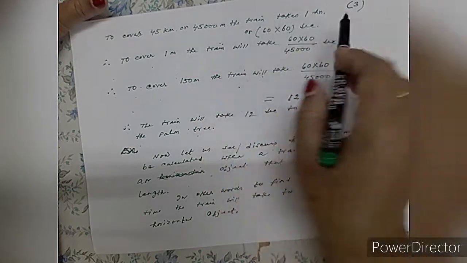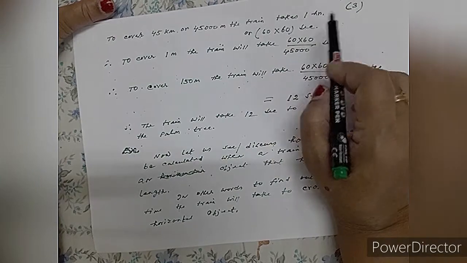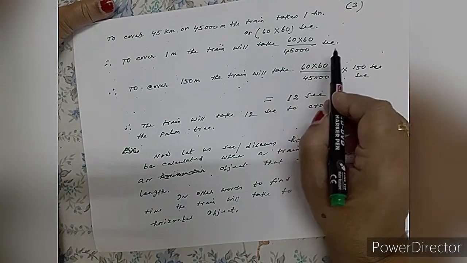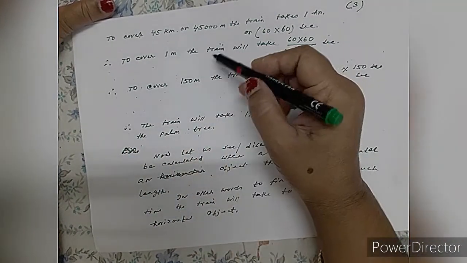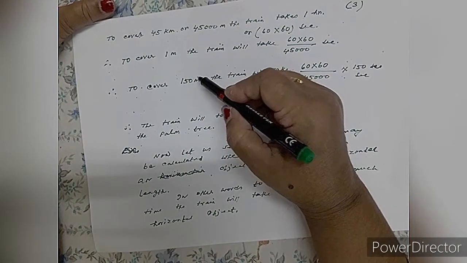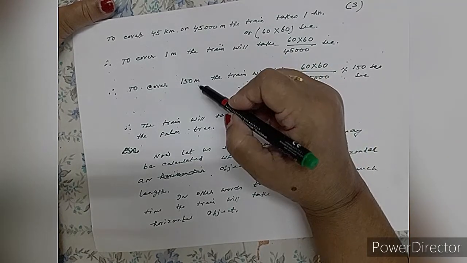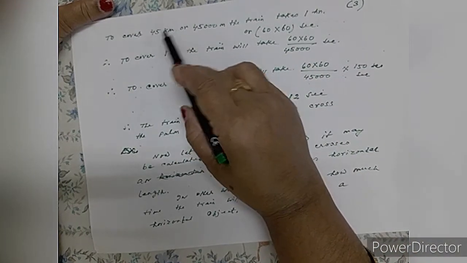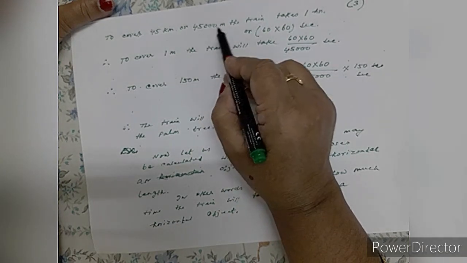The train takes 1 hour. 1 hour means how many seconds? 60 into 60 seconds. To cover 45,000 meter, the train takes 60 into 60 seconds. I converted 45 kilometer to meter because the length of the train has been given in meter, so the unit is to be taken as the same.